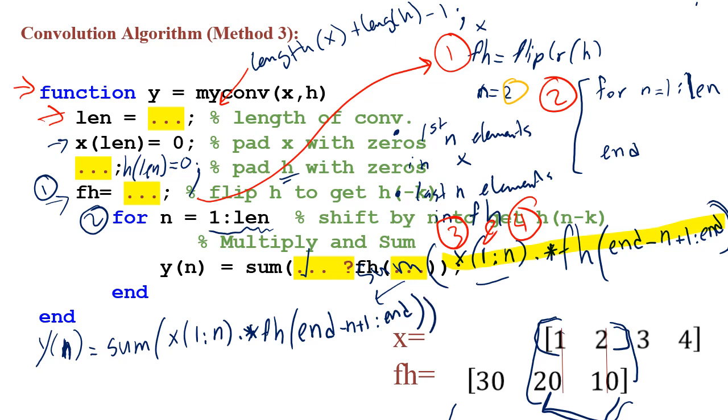Don't forget to close all the parentheses that you've opened and then semicolon. So this will be the completion of this line of code. This concludes the third method for evaluating convolution using your own user-defined function.